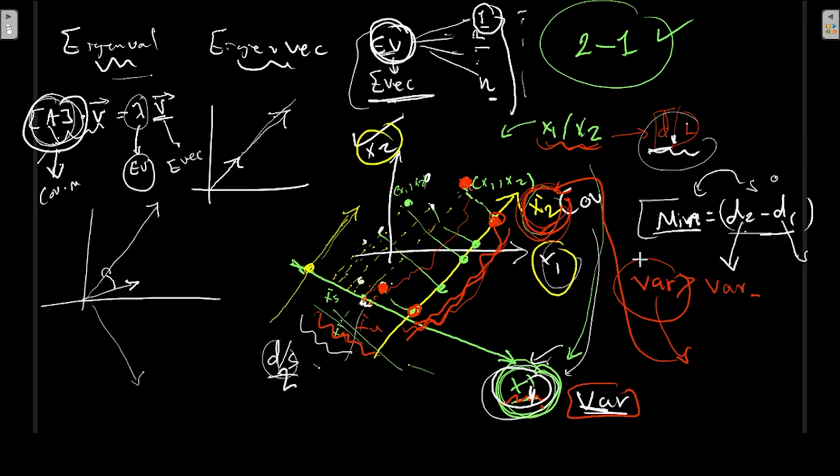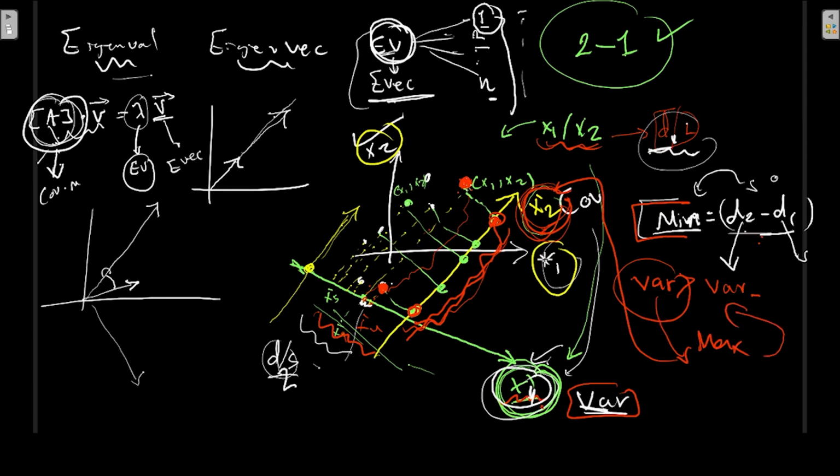Or in other words, I'm looking for some x prime such that the distance between the original and the new projection is as close to 0 as possible. So you look at it as a minimization problem in terms of distance, or a maximization problem in terms of variance. It is the exact same idea.